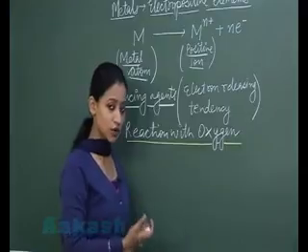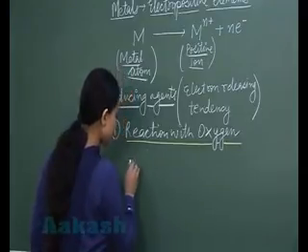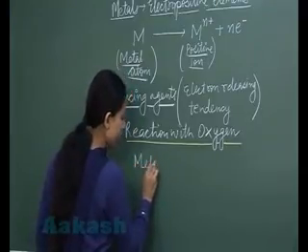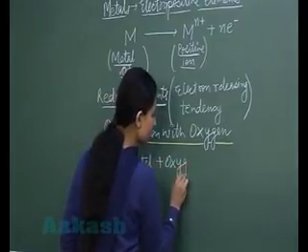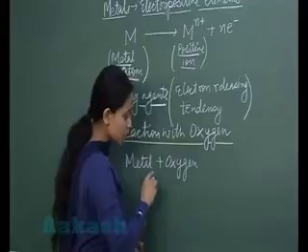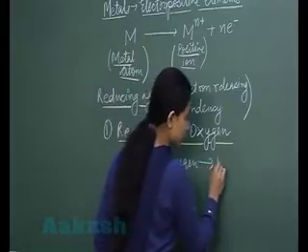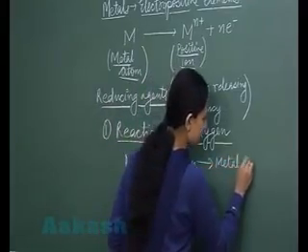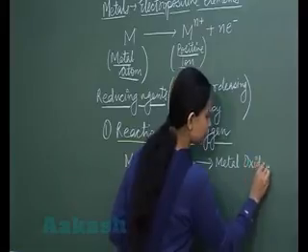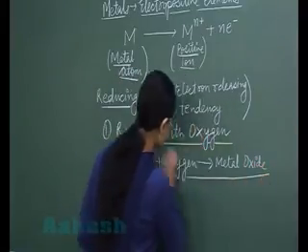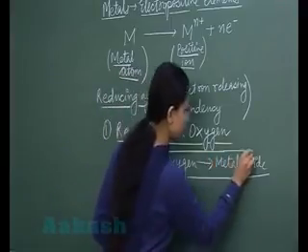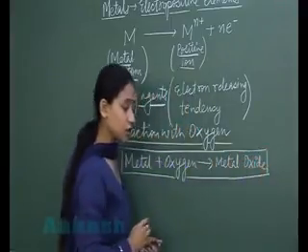So what is the general equation for the reaction of metals with oxygen? We have a metal, and when this metal reacts with oxygen present in the air, it gives you metal oxide. And the rate at which different metals react with oxygen is different. So this becomes the general equation for the reaction of metals with oxygen.